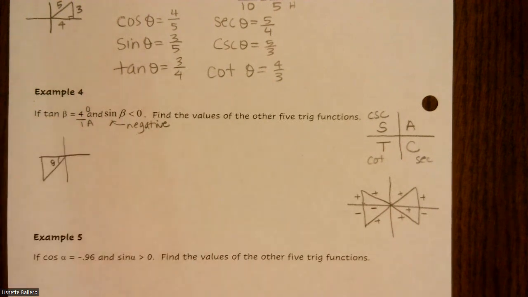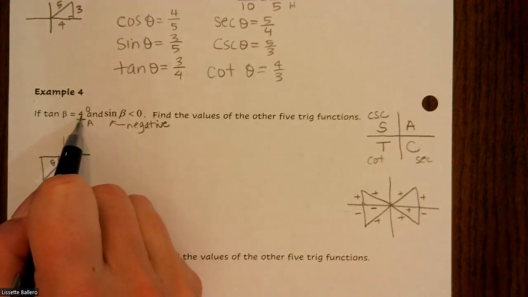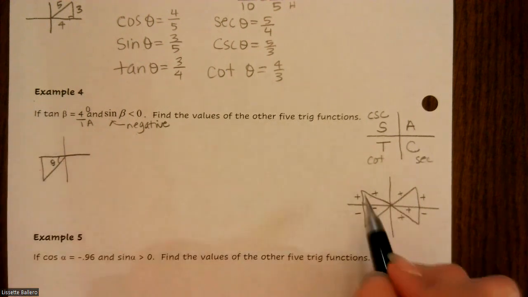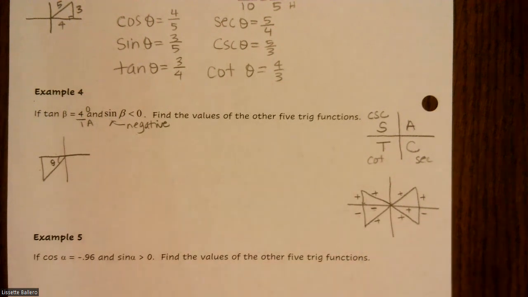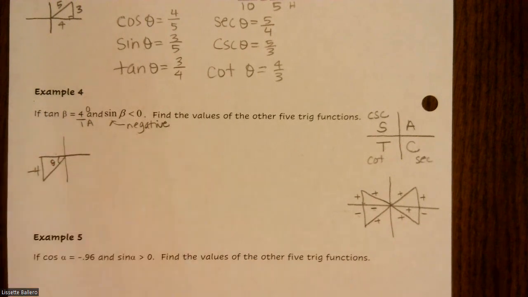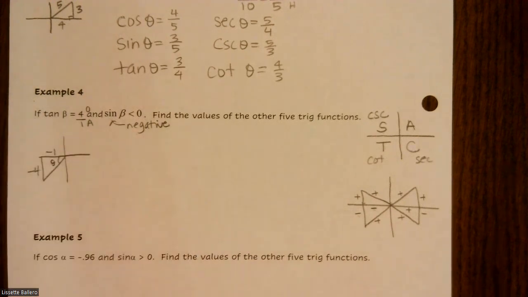Here's my angle. So you're really going to have to think through that to see where the correct values are, because now we know this tangent is positive, but this and this are both negative. We've got a negative and a negative right there, so I know both of those values are going to be negative. So my opposite is going to be -4, and my adjacent is going to be -1.